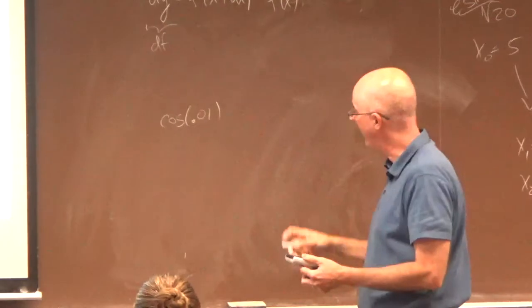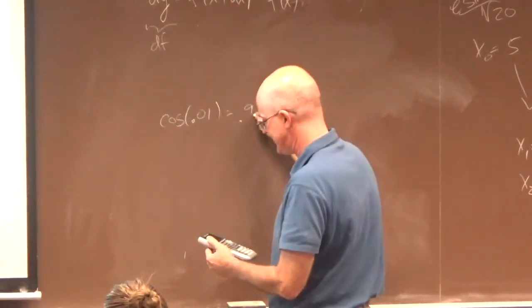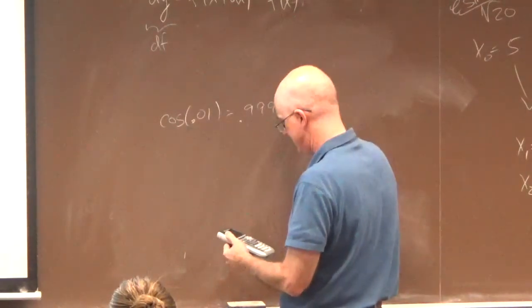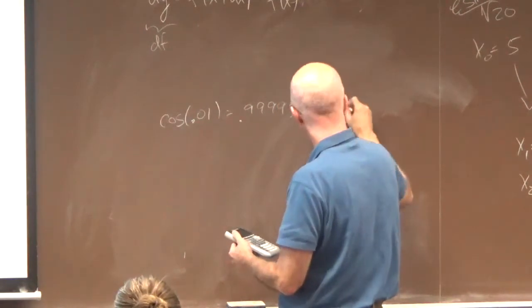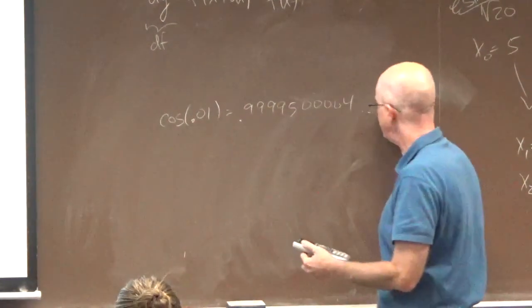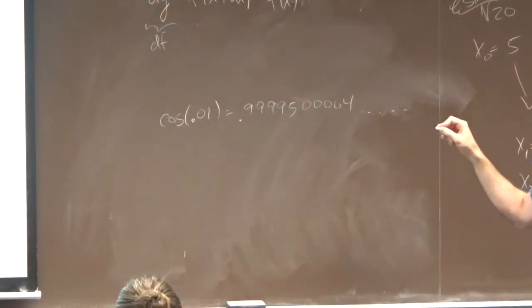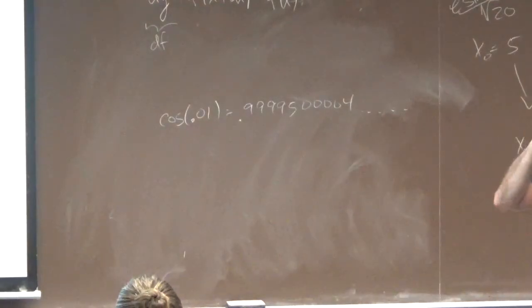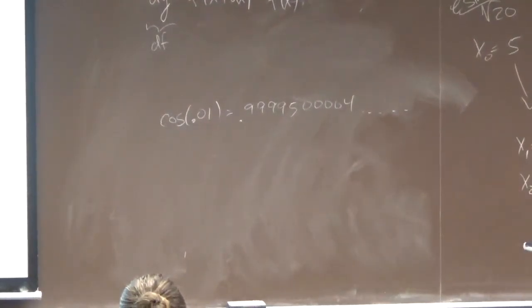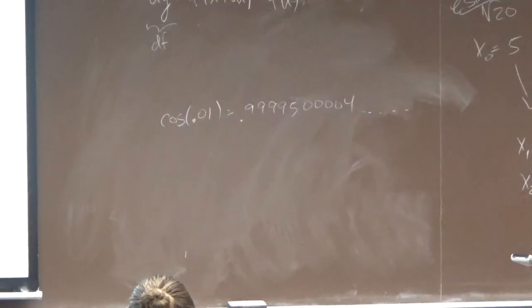I'm doing it right now. I get 0.99995000004, and there would be more decimal places that I'm not including. It's going to be an irrational number, so the digits definitely go on without a repeating pattern.